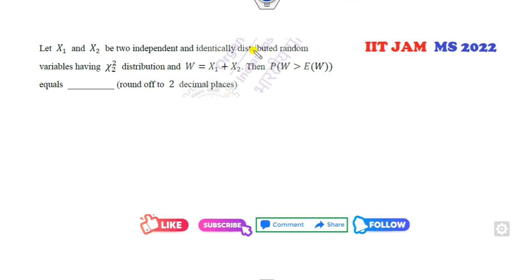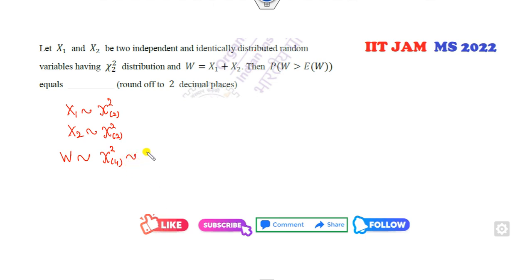Okay. Again, what is given to you? X1 will follow the chi-square distribution with 2 degrees of freedom. X2 will follow the chi-square distribution with 2 degrees of freedom. Then, what is the distribution of W? The sum of them will follow the chi-square with 4 degrees of freedom.